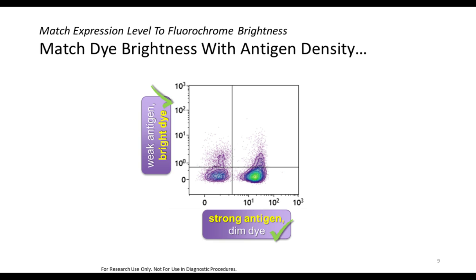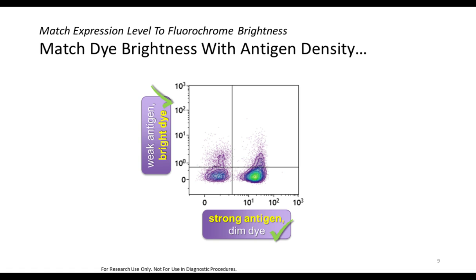So here we have to make sure that we use a very bright dye, the brightest dye that we have. So that's a nice graphic representing the first principle, which is understanding what expression type you're dealing with and also balancing that with the right combination of fluorochrome.